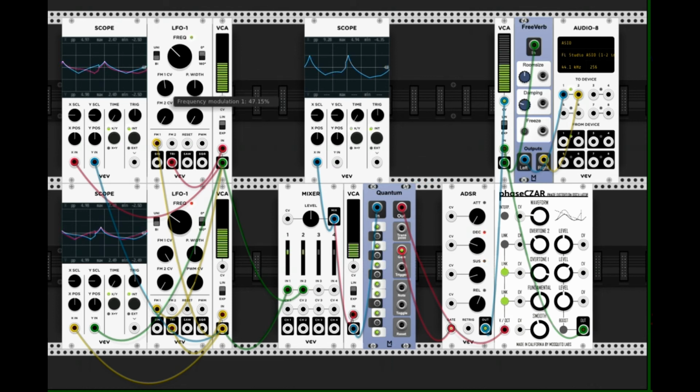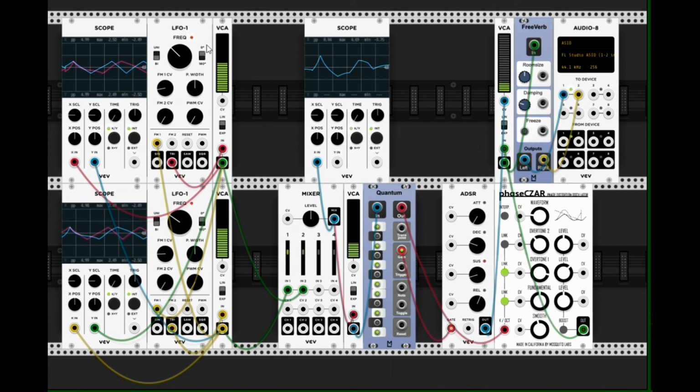And I reduce the strength of the feedback loop even more. And the modulation strength of LFO1 modulating LFO2.